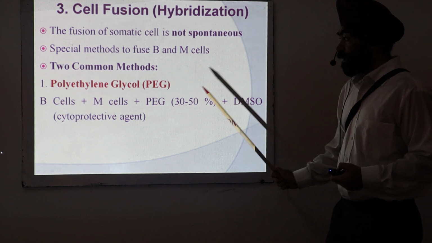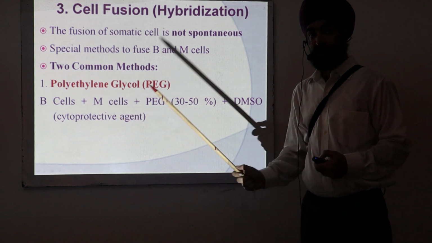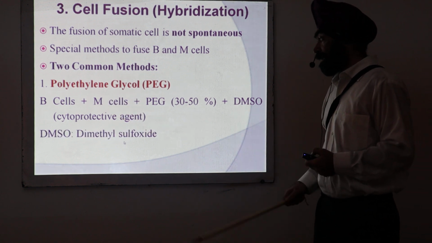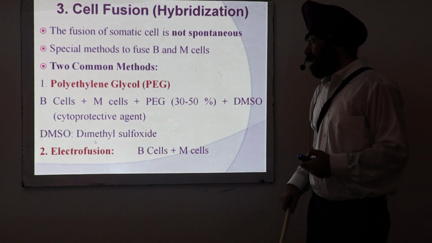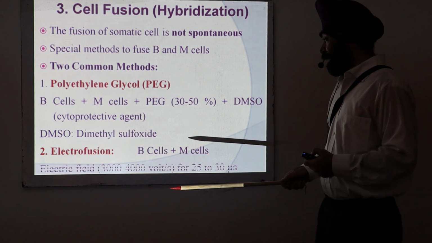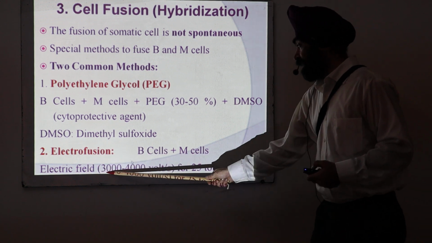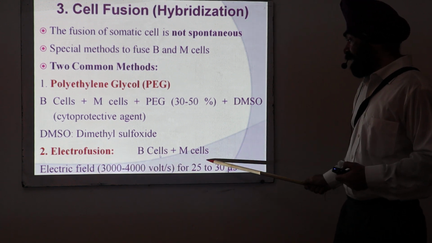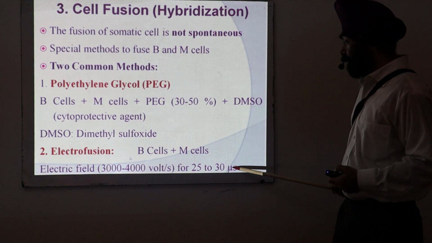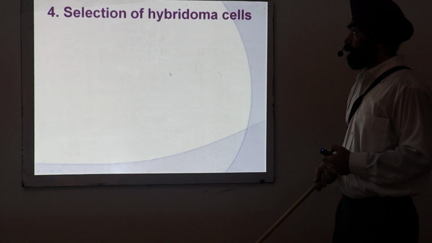It is actually a cytoprotective agent. It will not allow the killing of these cells to take place. Second is electrofusion. That means you take these two cells and apply an electric field of a certain voltage for a very short period of time, just microseconds, so that B and M cells will fuse.